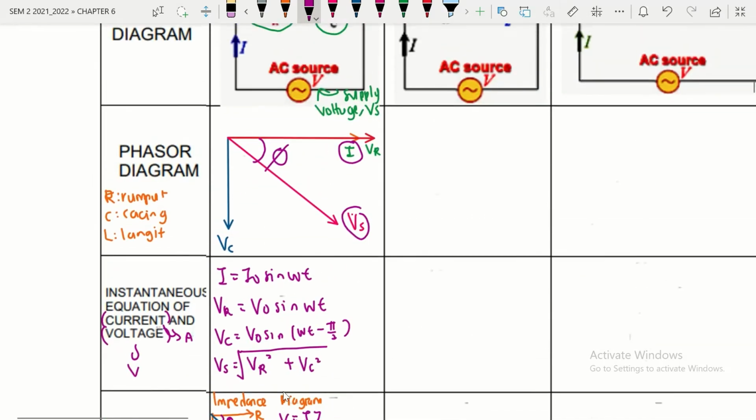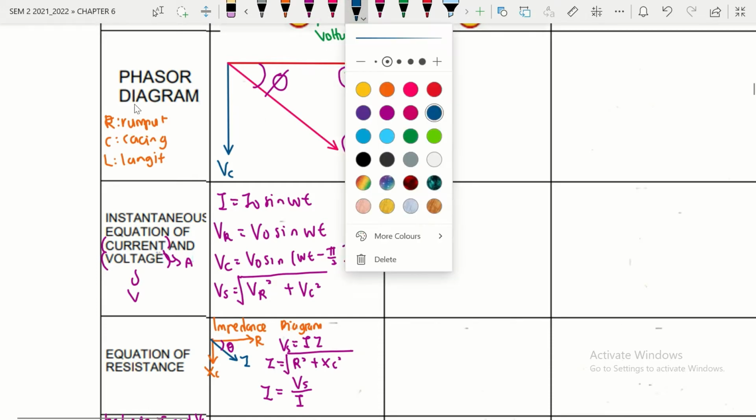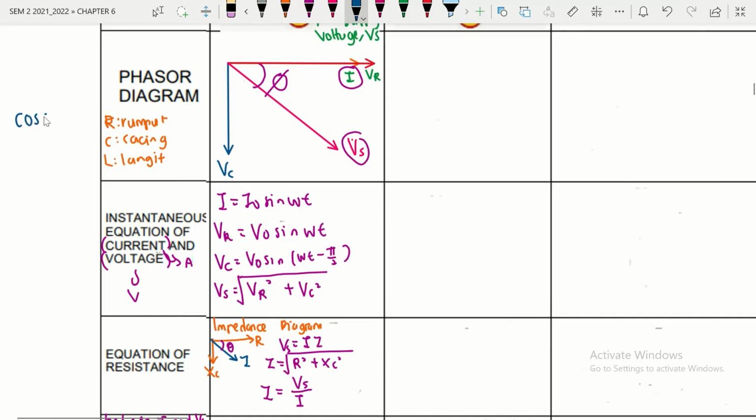Okay, now what about the phase angle? Remember the phase angle here, if you look, is in between the current and the supplied voltage. So when you want to find it, we will use either sin theta, cos theta or tangent theta, for example sin phi, cos phi or tangent phi. Okay, to make it easier, I'm going to use cos. We know cos is adjacent over hypotenuse, A is adjacent and H is hypotenuse. Let's see, the angle is here.